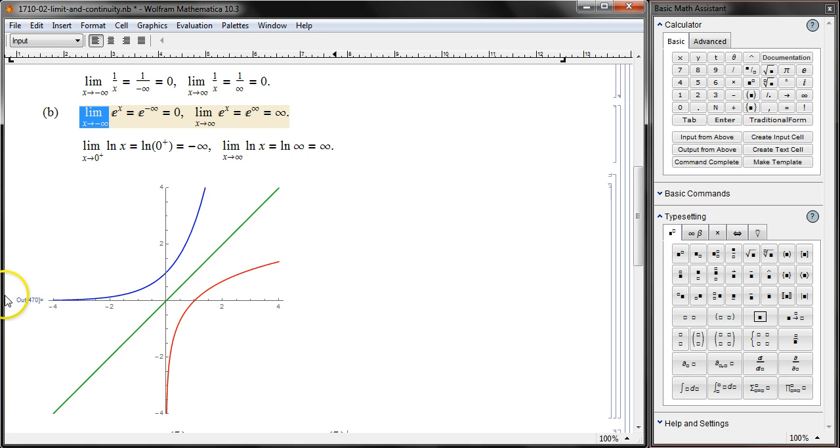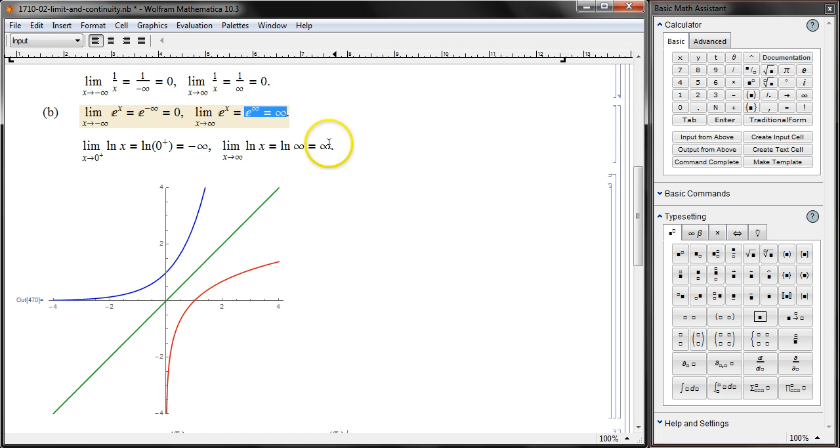Y coordinate is clearly getting closer and closer to 0, so we have horizontal asymptote y equals 0. So you can safely write e to the negative infinity is equal to 0. How about to the right? If I move to the right, I'm following this graph, and then it's just going up and up very quickly. So e to the infinity is infinity. Clearly you can see it.